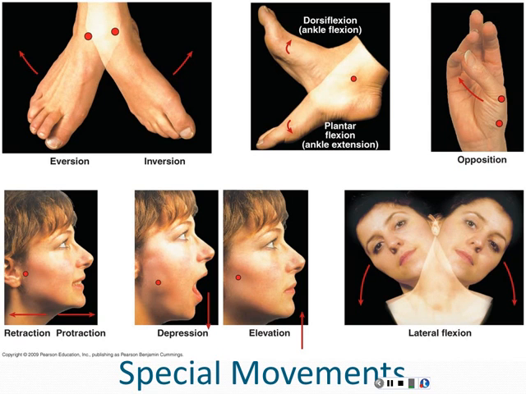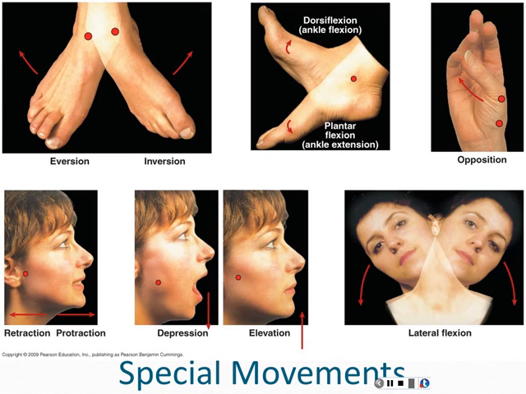The ankle has to be able to move in that direction so that we can walk on uneven terrain. If you're on a hill and you're walking along, the slope of the hill is like this, but you're walking this way, one of your feet will be everted and the other will be inverted so that you can stay upright while you're walking on a hill. So eversion and inversion are at the ankle. We already talked about plantar and dorsiflexion.